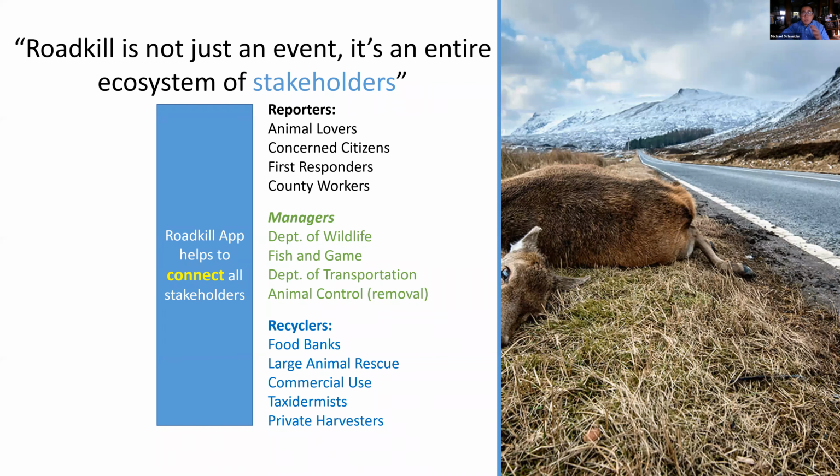And then once those reports are made, there are some organizations that are legally responsible for cleaning up, making sure that the roads are safe, and dealing with and processing protected animals and domestic animals in the proper way. And then in other cases, there are folks and organizations that are repurposing some of the roadkill as a food source, and in some cases as a supply for their operation. So there's all kinds of stakeholders.